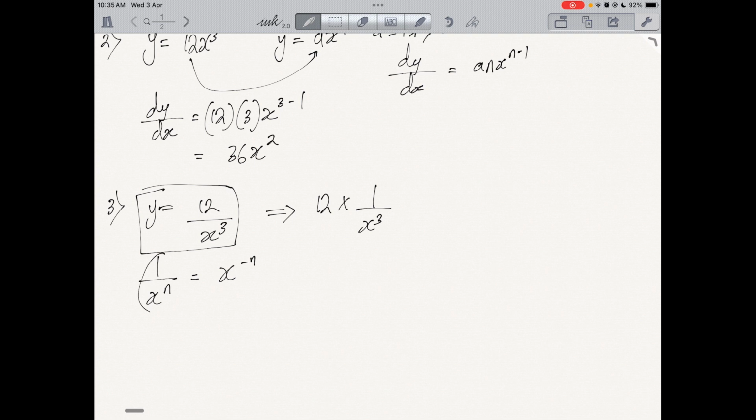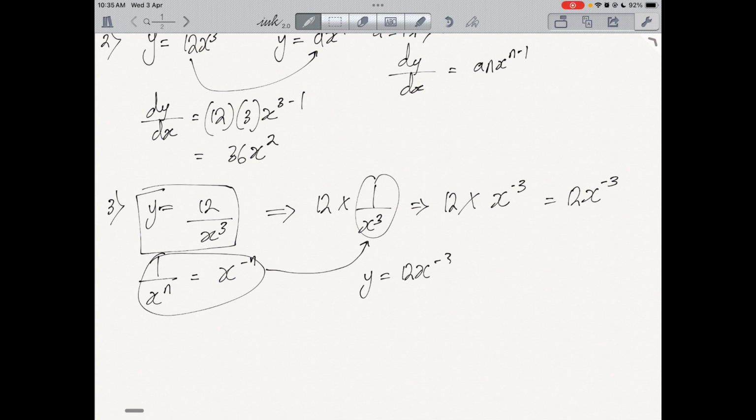If you apply this principle to the conversion of 1 over x^3, we have 12 multiplied by x^(-3). And this will give us 12x^(-3). So if we have that y = 12x^(-3), then our dy/dx will be what? You can pause the video and try.